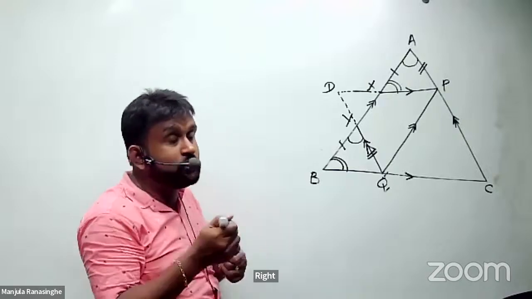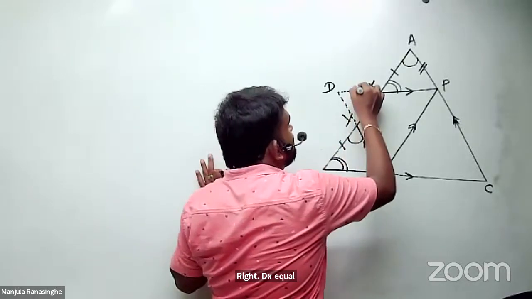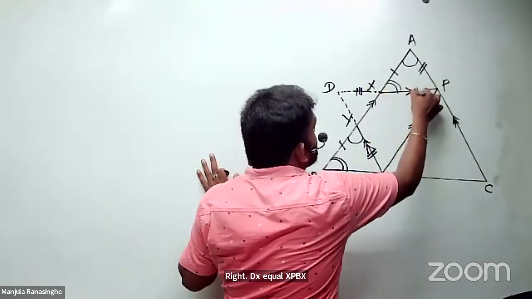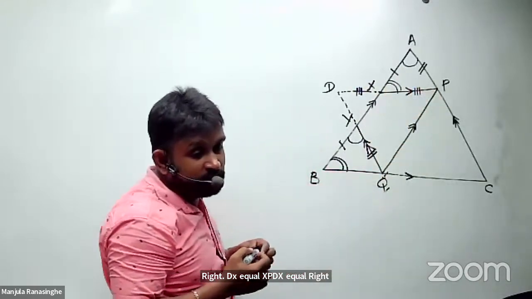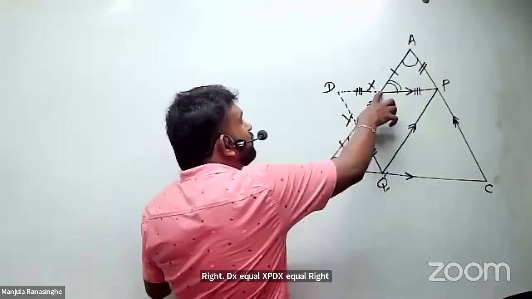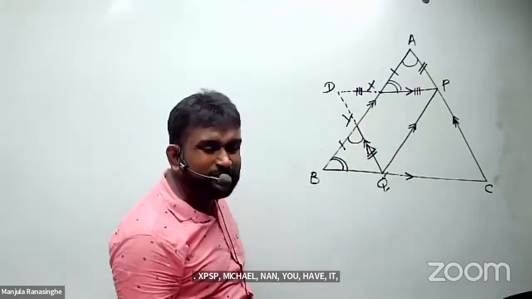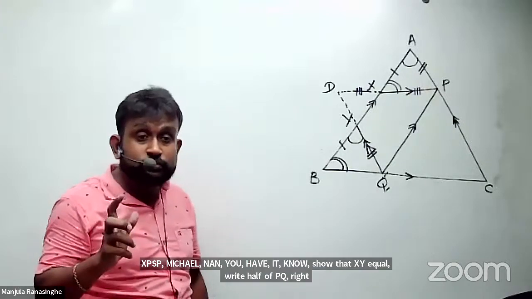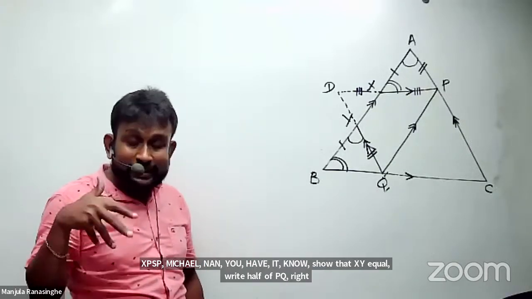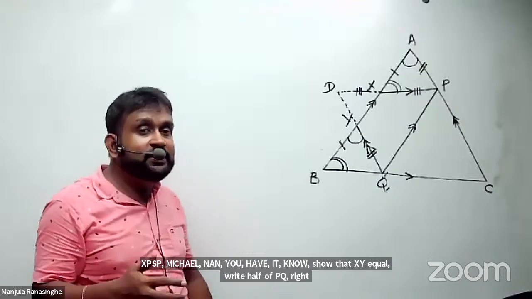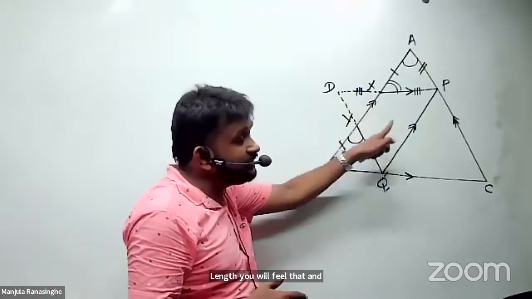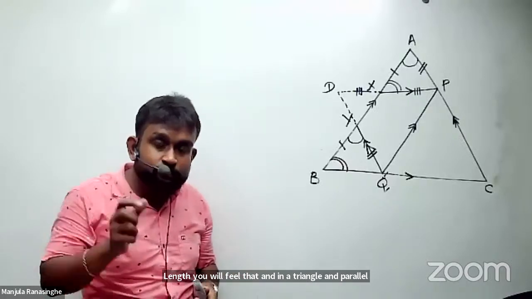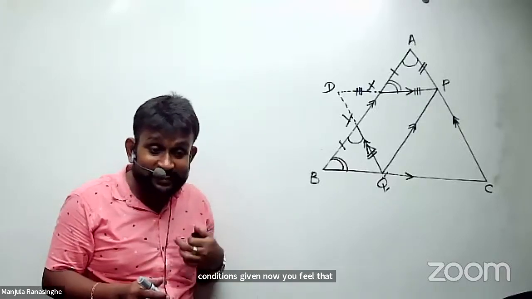If DX equals XP, right, they ask us to show that XY equals half of PQ, right? When you see a relationship between lengths, in a triangle with parallel conditions given, you feel that the midpoint theorem would be applicable, right?